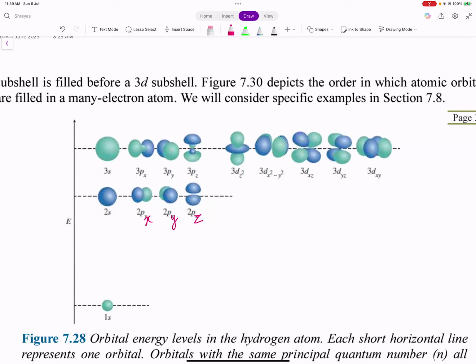What is the degeneracy of the first excited state in hydrogen? One, because there's... First excited state. Oh, that's four.